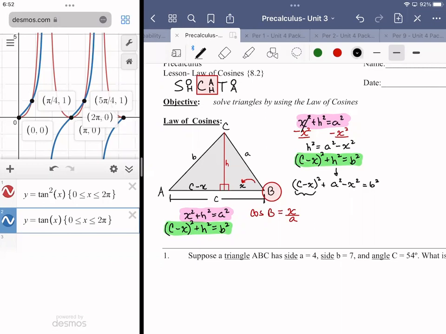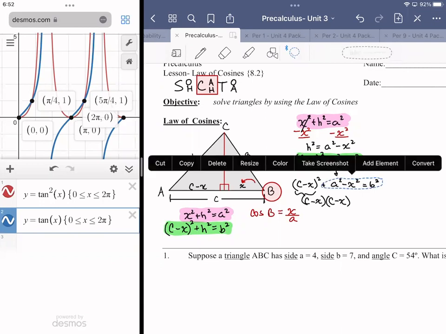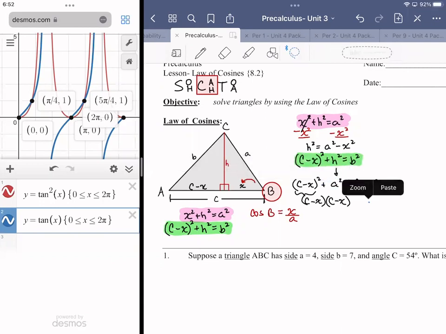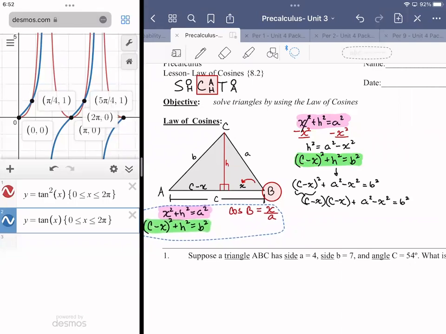Not ideal, but we'll do it. So c minus x squared is the same as c minus x times c minus x. And onto that, I have to add all this other stuff.